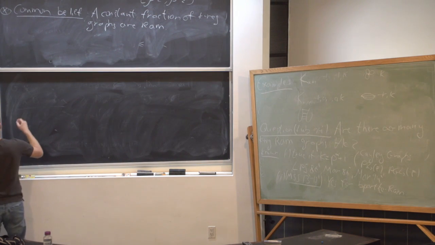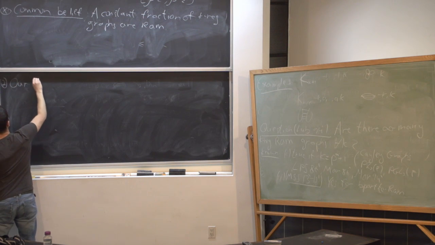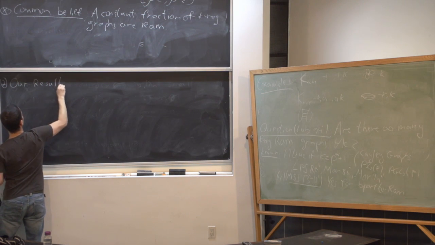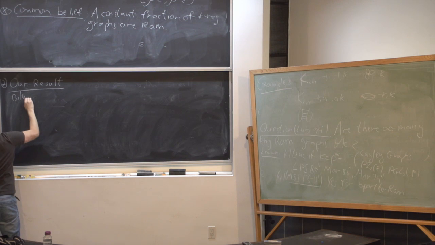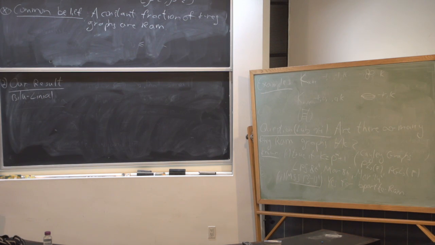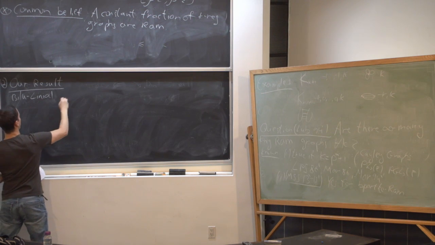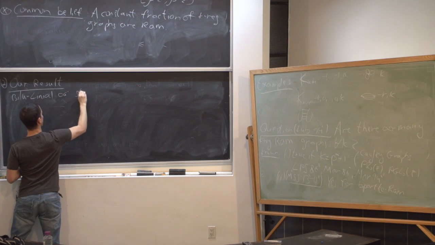Now I want to go on to describe our result. The basic idea for this result, and of course for MSS, Marcus, Spielman and Srivastava, came from the strategy of Jonathan Bilu and Nati Linial.